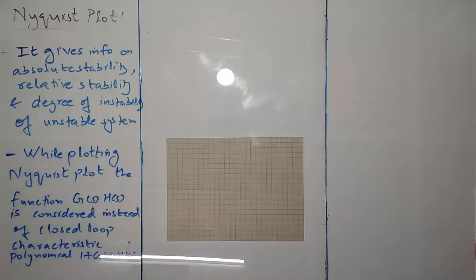So while plotting Nyquist plot, the function G(s)H(s) is considered instead of the closed loop characteristic polynomial 1 plus G(s)H(s).